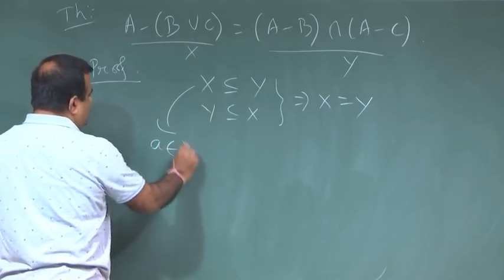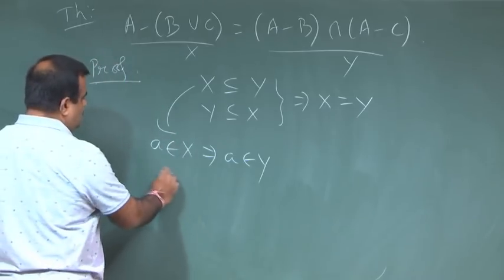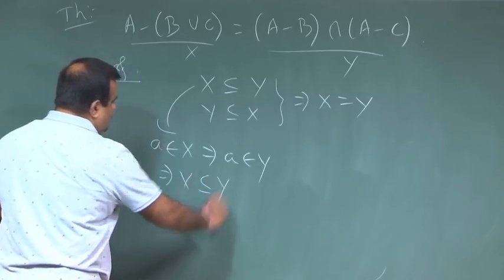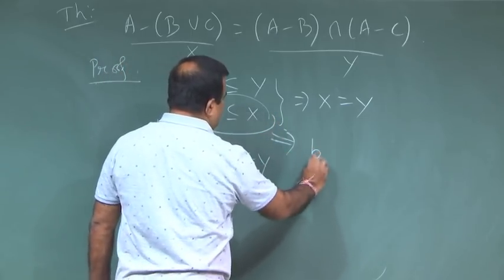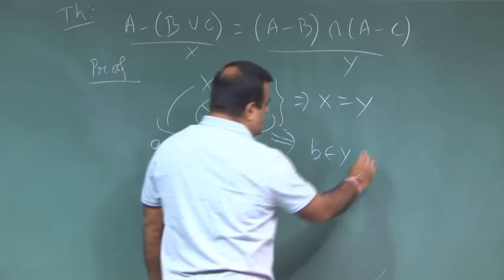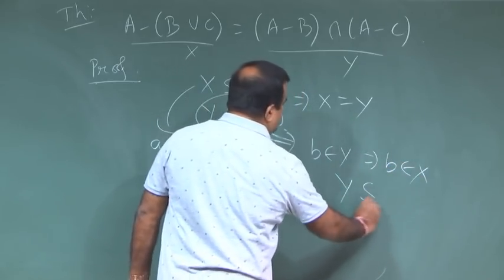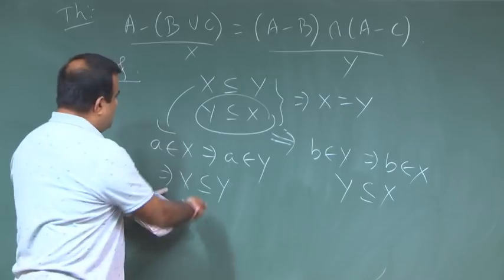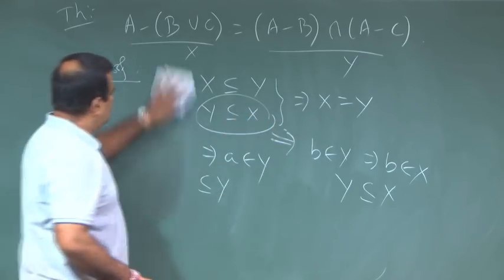We need to take an element from x and prove that it is an element of y. Then this will give us x is a subset of y. And to show the other, we need to take an element from y and show that it is an element of x. So, y is a subset of x, and combining these two will give us x equal to y. So, let us try that.